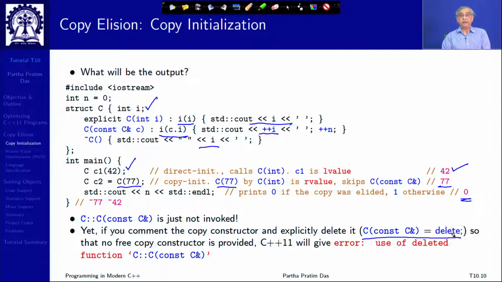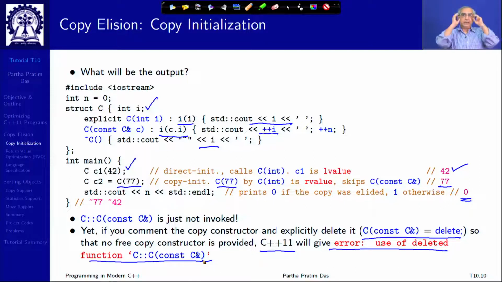You have already learned how to delete a function in a class. So, no free copy constructor is provided. Then the C++ compiler will give an error, the use of deleted function. I mean, isn't it a little funny, because if I provide it, it does not invoke it, but if I say that it is not there, then it does complain, right.